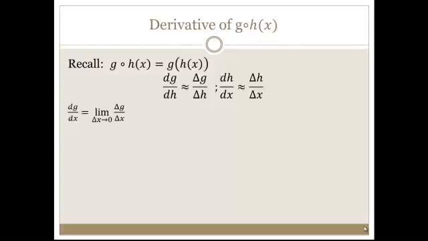We will now use some clever arithmetic to rewrite this. In particular, we'll multiply this by 1, because multiplication by 1 doesn't change a number. But the way we'll multiply by 1 is by multiplying by delta h over delta h. Because remember, anything divided by itself, including delta h, is just 1.